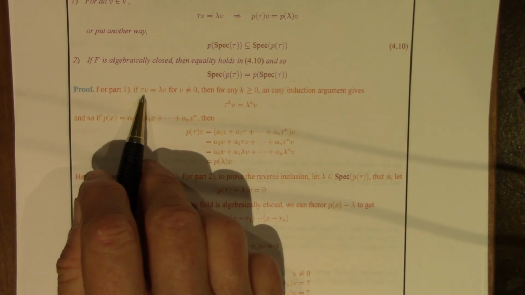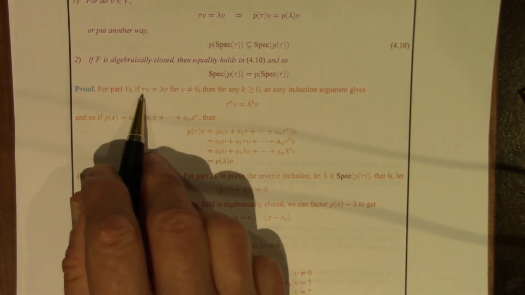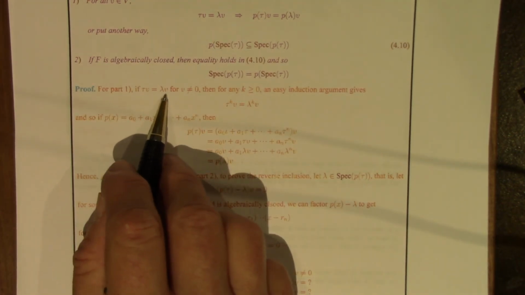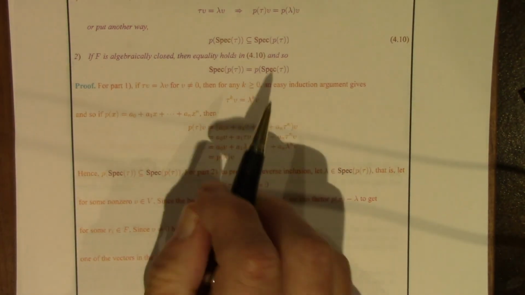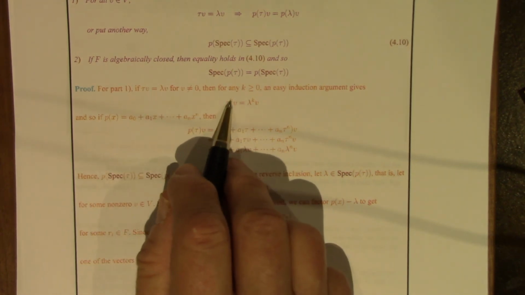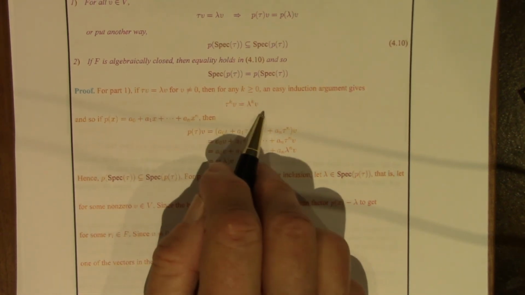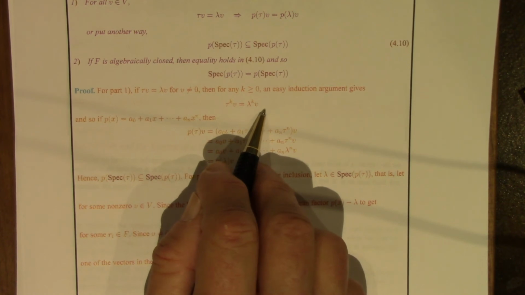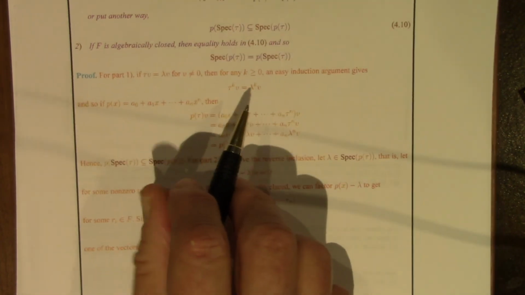For part one, if tau V equals lambda V, and V is non-zero, then we can continually apply tau. So tau to the k V is lambda to the k V for all k greater than or equal to 0.